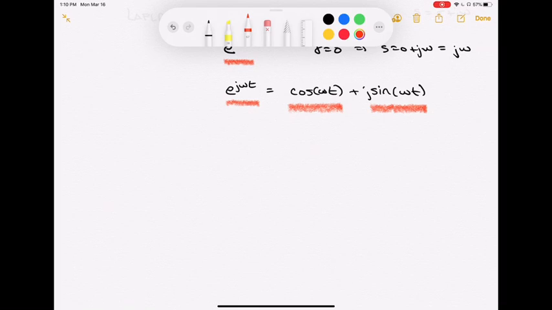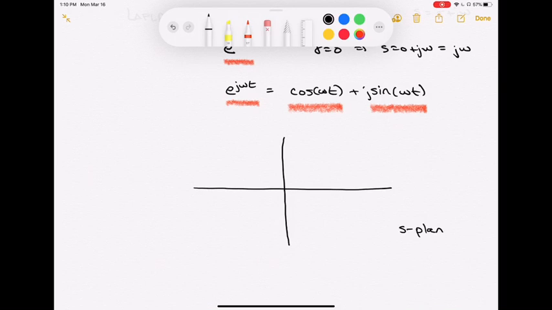If I think about that omega then, that omega tells me the frequency, and I'm going to do a very quick sketch of this S-plane, the complex frequency plane. We've looked at this before, so here's our S-plane. I know that I have the real part of S, that's the sigma, along the horizontal, and I've got the imaginary omega along the vertical.